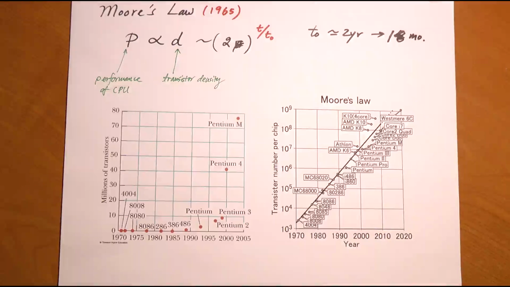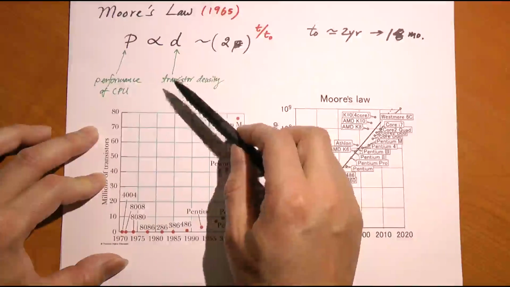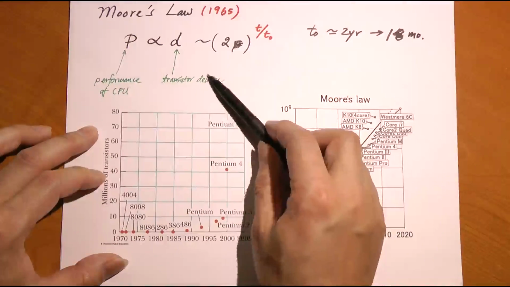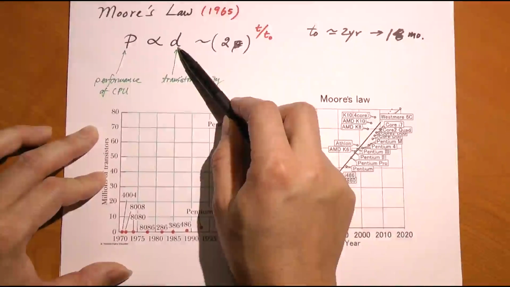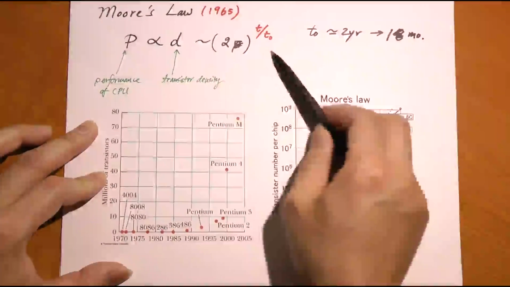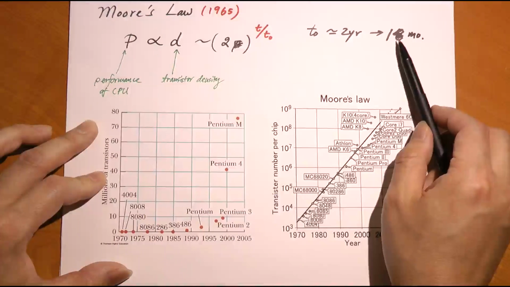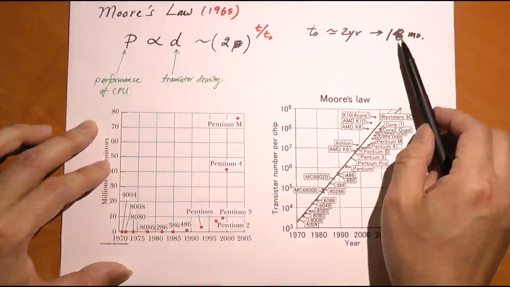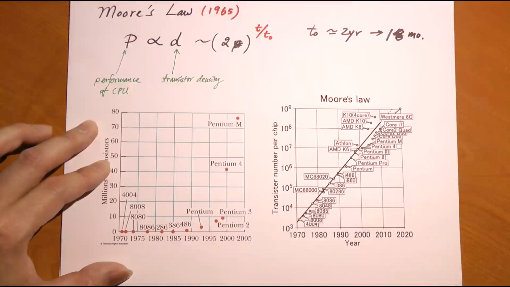We put it in mathematical form, and here's what it is. The performance of the chip is proportional to the density of the transistors that you can squeeze onto every square inch of the chip. And that density can increase as a function of time like this. T0 is 2 years, which was later changed by another Intel executive to 18 months, which reflects the reality better.